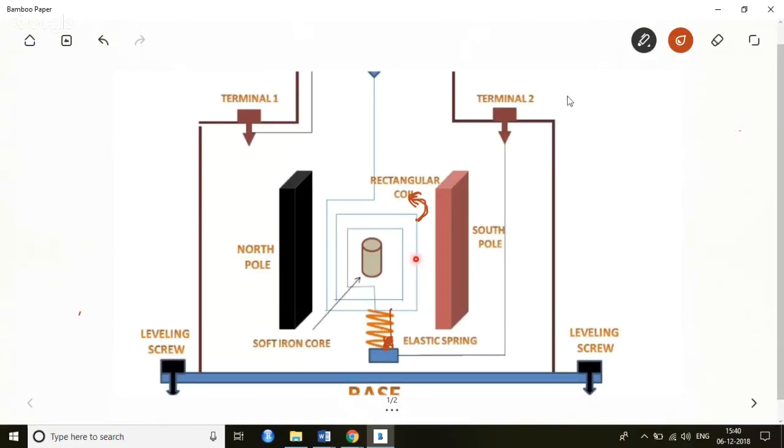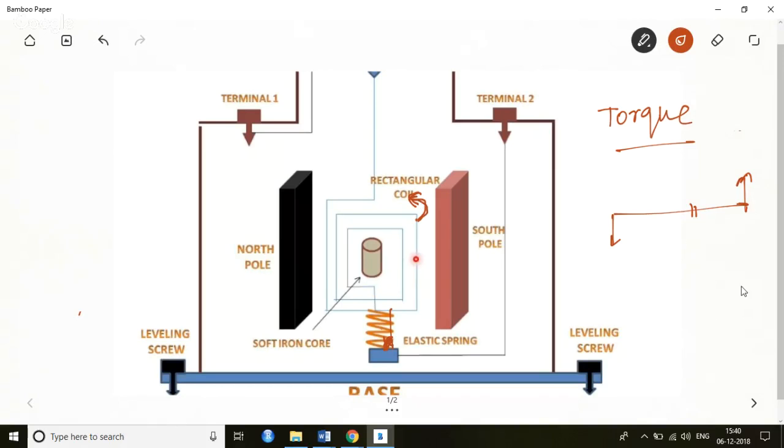In class 9th, you might have studied torque. What happens when two forces are acting, something like this? A torque is developed on this body, and due to the torque, it will start rotating. The same will happen with the coil.